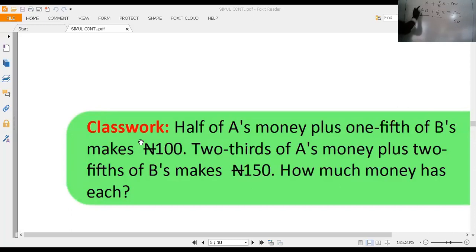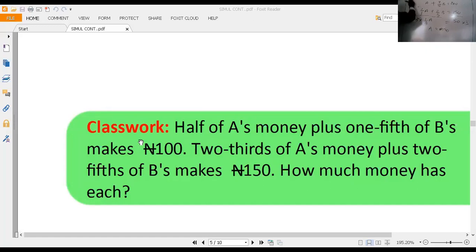Now, 1 minus 2/3, you will have 1/3 a, all equals 50. You multiply both sides by 3. 3 will cancel 3, so you are left with a, which equals 3 multiplied by 50. Then you have 150. From there you get your answer.